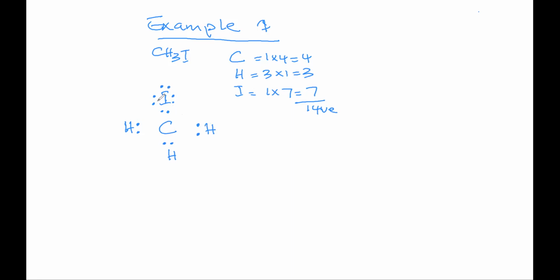So the central atom can share with iodine, share with this hydrogen, share with this, share with this. We do this to make sure, or to show, that each atom here is stable.